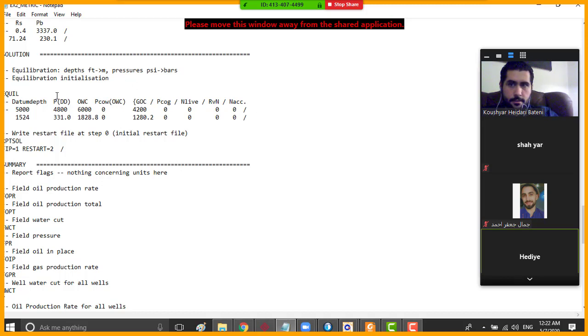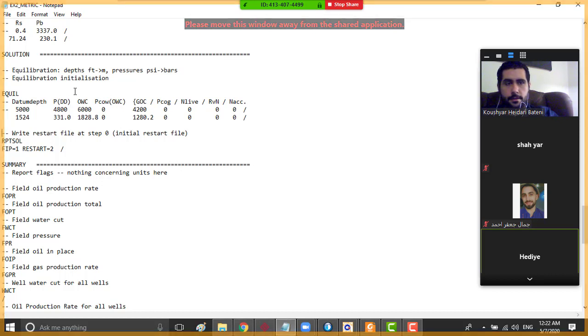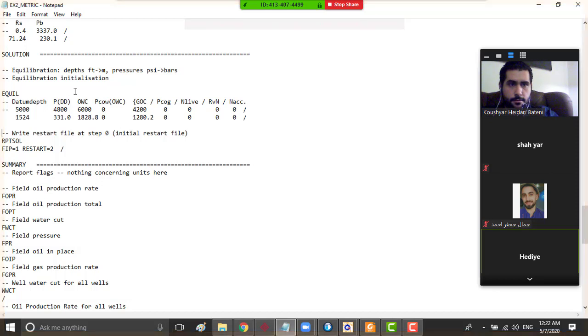So this datum depth data serves as a reference point that relates the oil and water properties, the geometrical and rock and fluid properties to each other.